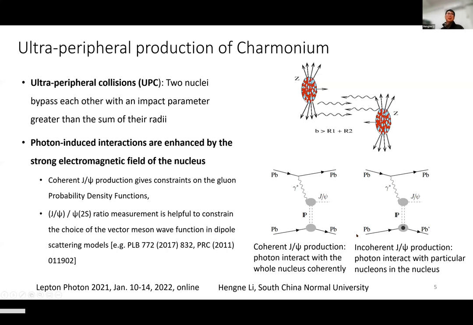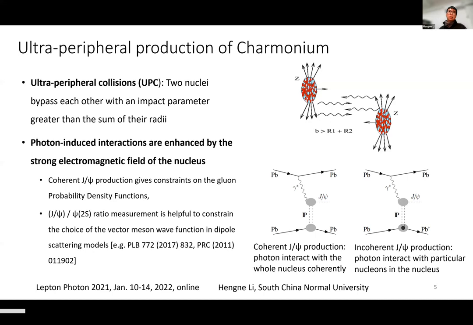You have the photons around the nucleus. So here we have photon-induced interactions that can be enhanced by the strong electromagnetic field of the nucleus. And in the bottom right figures, you can see that, for example, we have this kind of J/psi production.